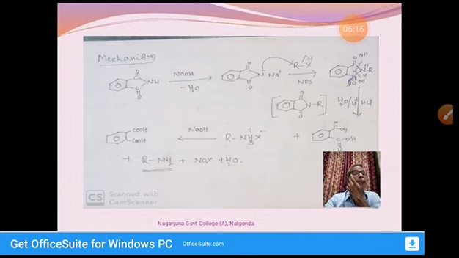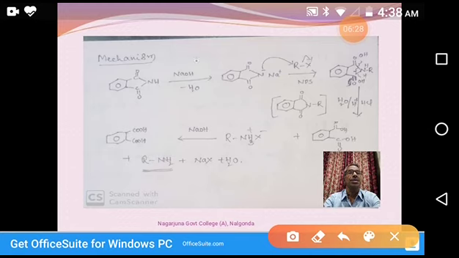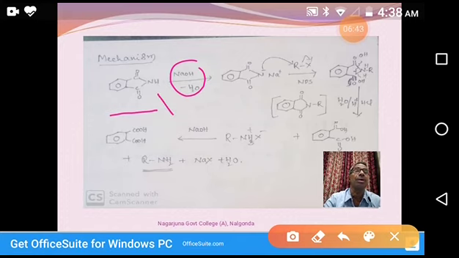In the first step, phthalimide loses one proton to the base. This is the base, OH minus. You take NaOH or KOH. When the base reacts with phthalimide, it loses one proton, this proton here, because it is acidic in nature.